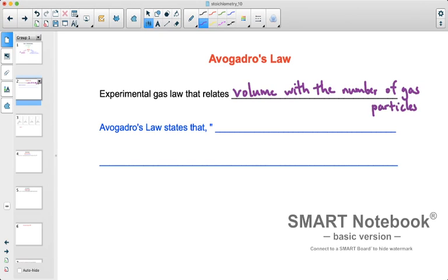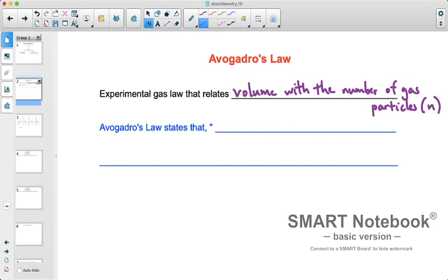And the symbol that we use to represent number of gas particles happens to be a lowercase n. After some experiments, Avogadro's law really states that equal volumes of all gases at the same temperature and the same pressure have the same number of particles.